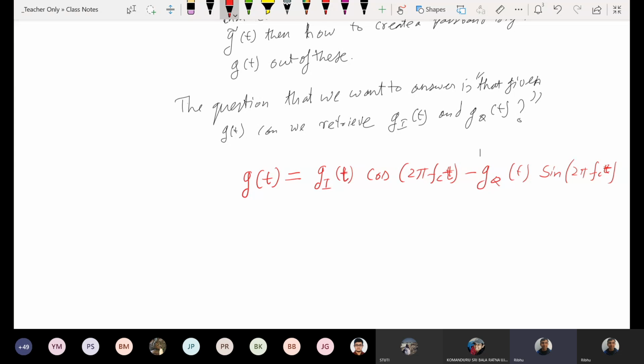My T's look too much like plus signs. I realized it later yesterday. So, yeah, guesses on these? Given g(t), how do we extract gI(t) and gQ(t)?